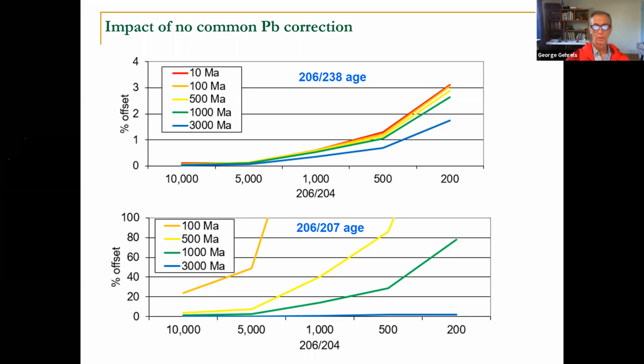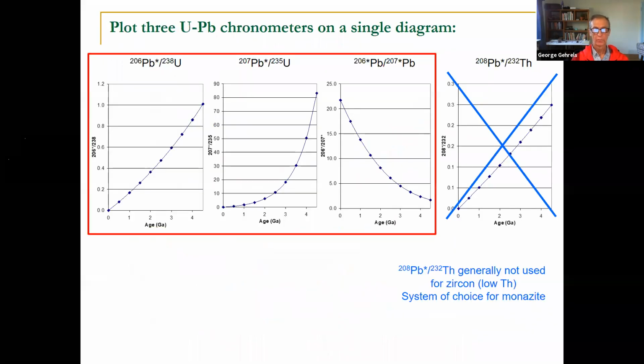So this is kind of like recommendation number one when you're going to do uranium-lead geochronology: make sure that you're able to measure that 204 concentration correctly. And this is actually one of the most difficult things to do with our mass spectrometers, is measure that lead 204.